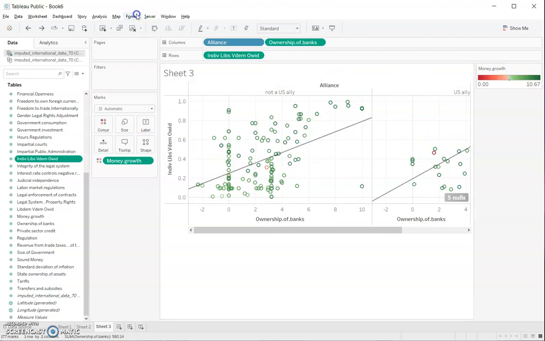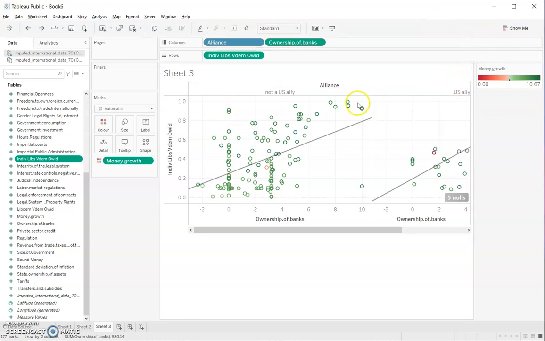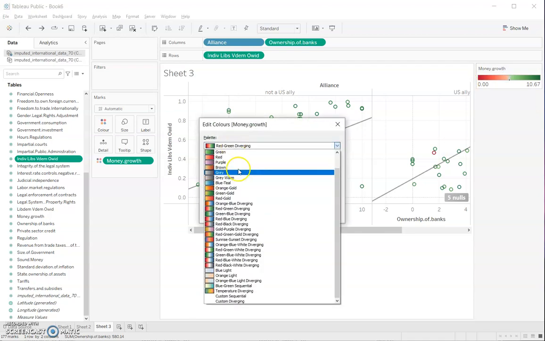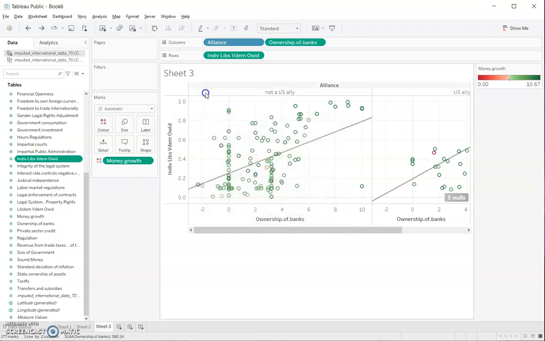What happened here was, I think we didn't check aggregate values. We didn't check step marks either. I'm going to explain everything when the time comes. So we have added colors. You can use different kinds of colors, and here we have red-green diverging, just so you can see a very sharp contrast.